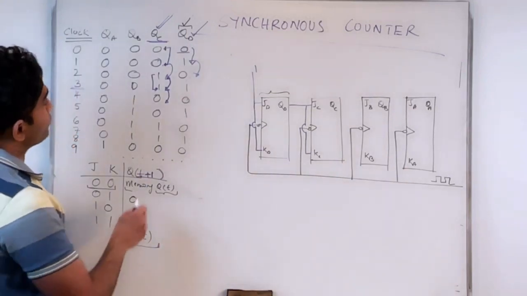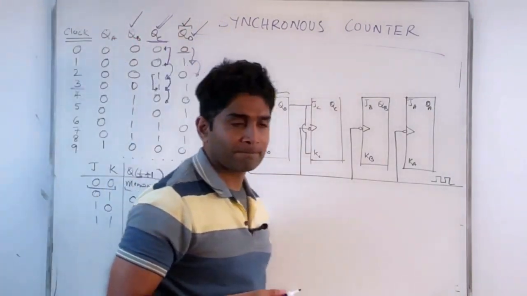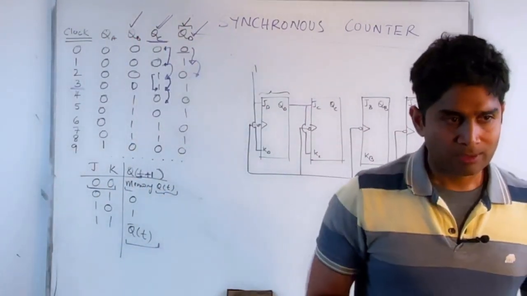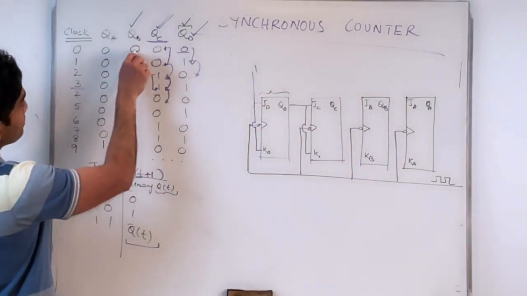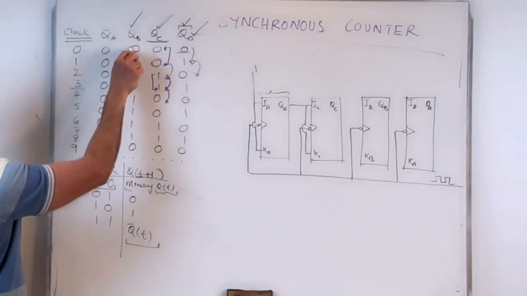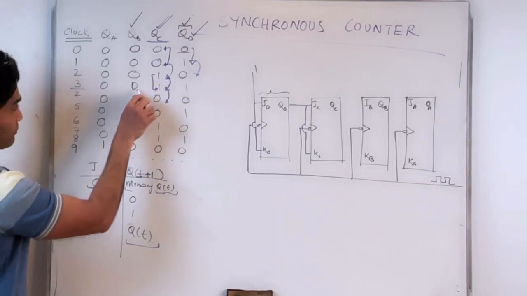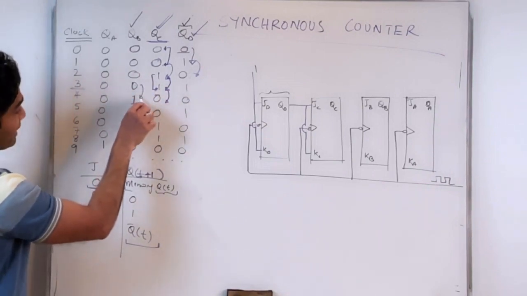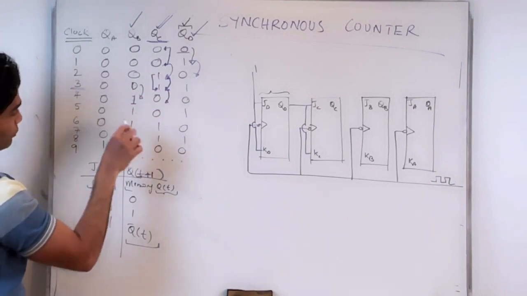How about QB? How should I get the QB behavior now? So let's look at QB. QB has to be 0 for 4 clock pulses, right? And then it toggles. And once it toggles, it needs to remain in the memory state because it's retaining the same value for the next 4 clock pulses.